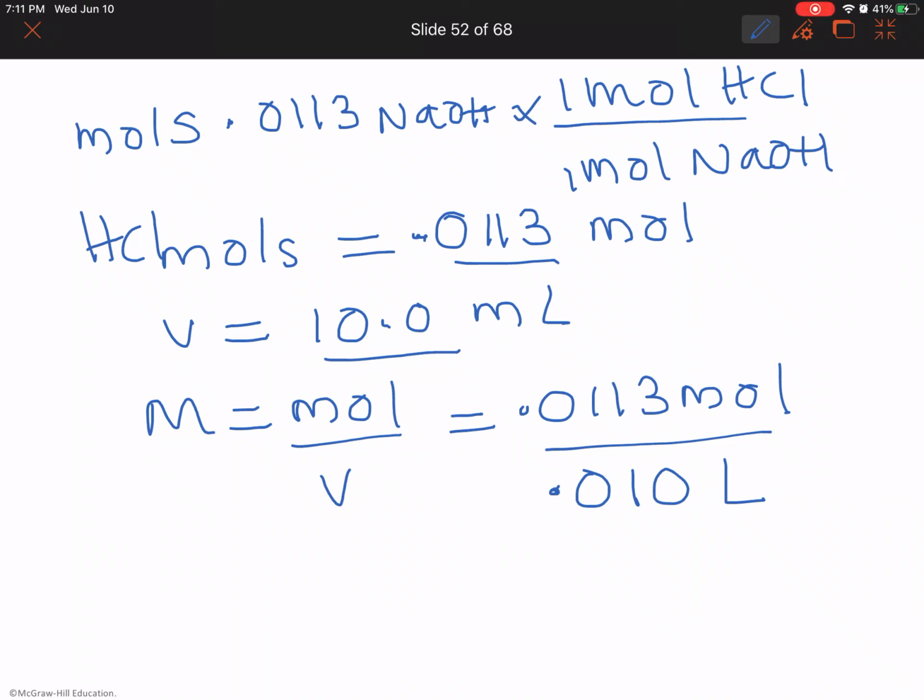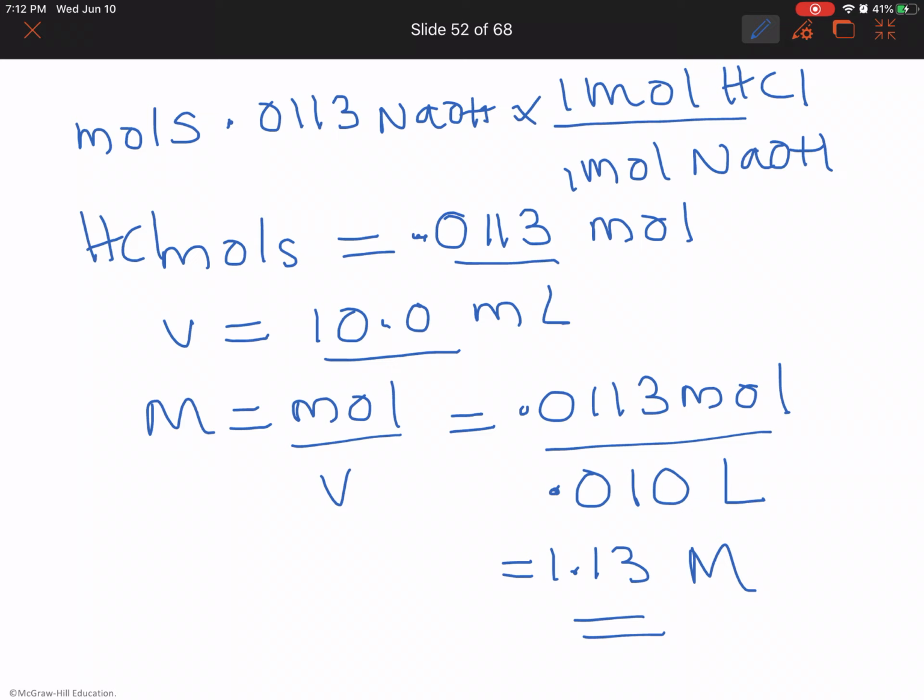So this will give us 0.0113 divided by 0.01, that's an easy calculation, 1.13. 1.13 moles per liter. In other words, 1.13 is the molarity of hydrochloric acid.